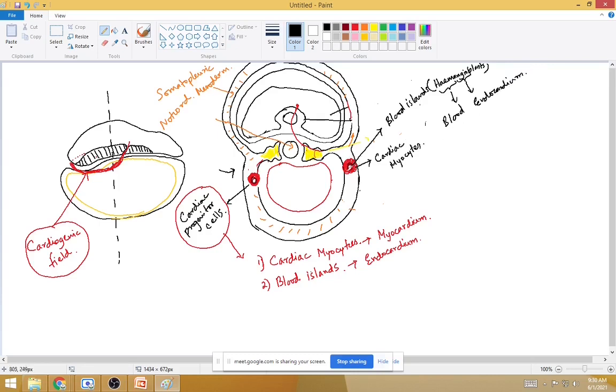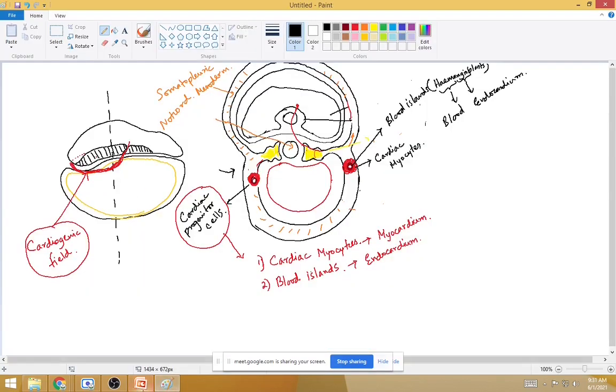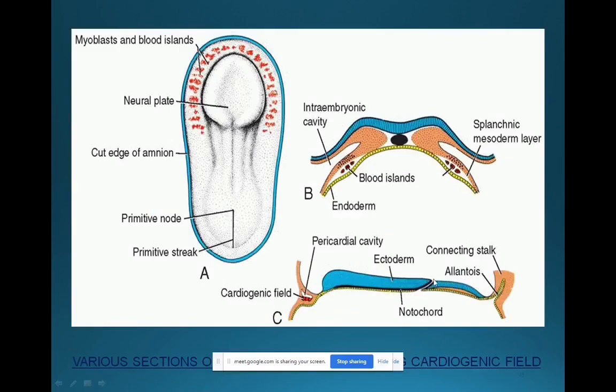Now we have an arrangement like this, and if you see it in sagittal section, if you remember, this is the ectoderm, endoderm, and from here, this is the primitive streak. Now if you cut it, you won't see this area and that area, you are only seeing the front area over here, isn't it? So this is the area of the cardiogenic field, because we have already taken a cut section here.